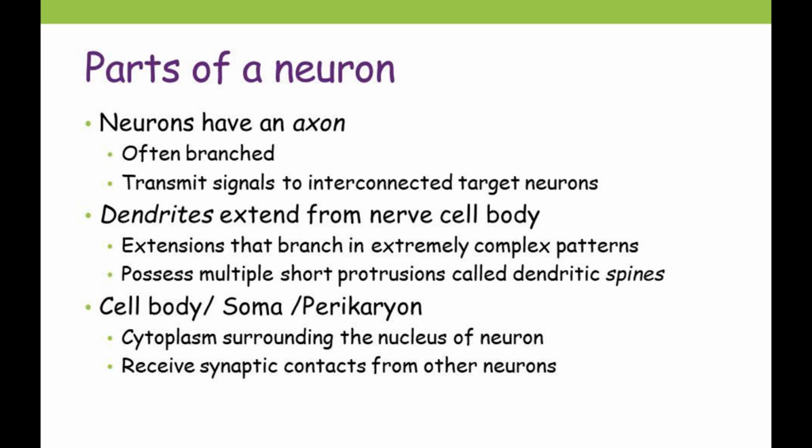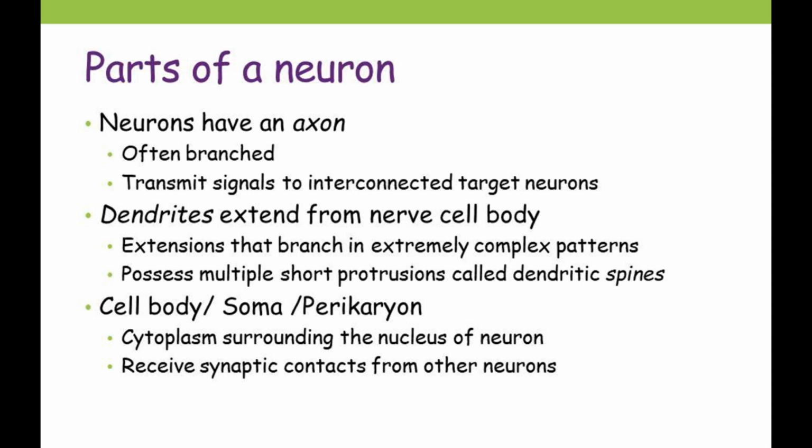So the parts of a neuron: the neurons have an axon, which is often branched, and it transmits signals to interconnected target neurons. The dendrites extend from the nerve cell body and usually branch in extremely complex patterns.